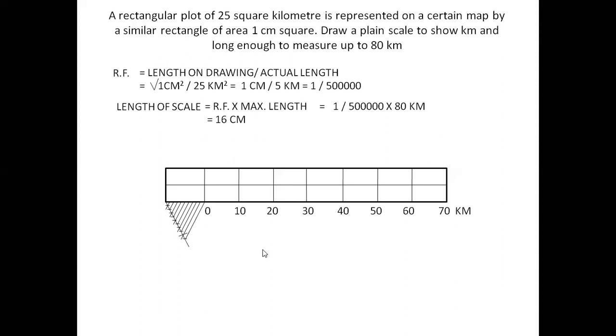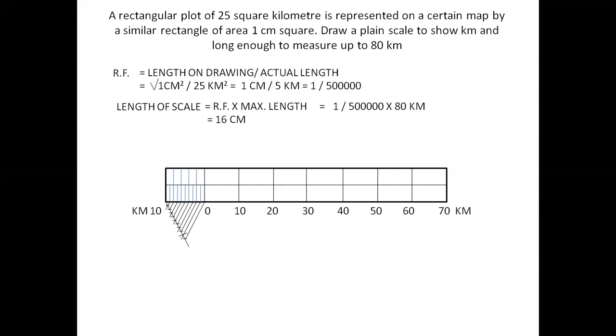Now this is the construction of scale. First part, then second part, then all parts. So this is the construction of scale for our convenience or for reading convenience. Now we write 10 kilometer here as the first part is 0 to 10.